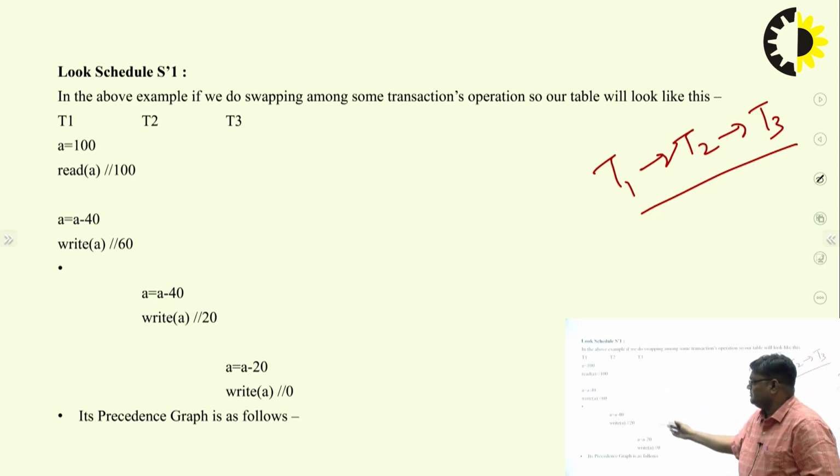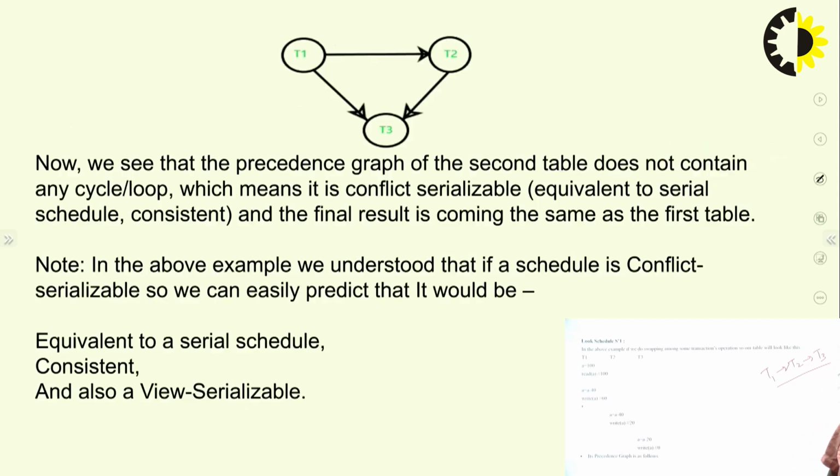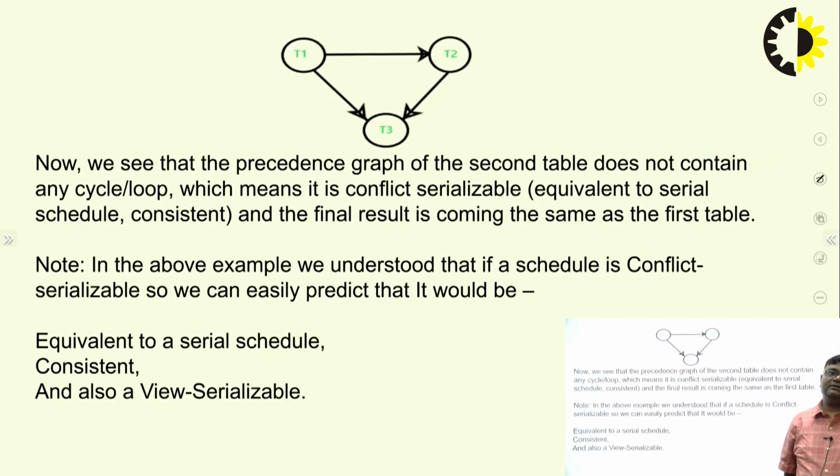The precedence graph will have no cycle. Now we see the precedence graph of the second table does not contain any cycle or loop, which means it is conflict serializable, equivalent to a serial schedule. That means it is in a consistent state, and the final result is the same as the first table.